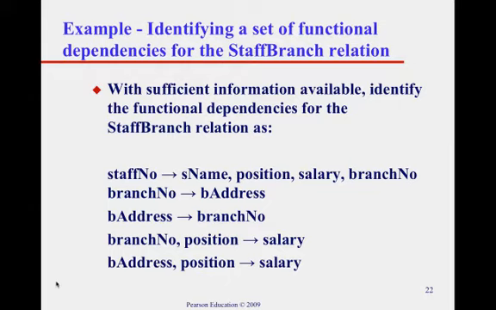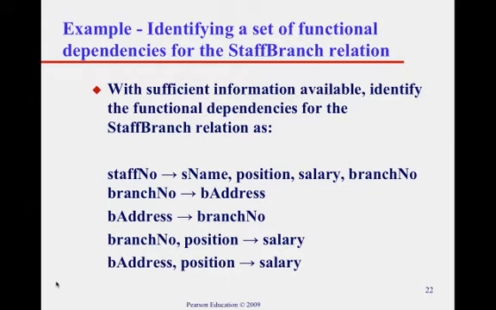Then the other ones you may not get just by looking at the data, and that's why you have to have interviews. So someone might tell you that the branch number and the position determine the salary. So we might pay someone in our Paris office more than someone in our office in Glasgow, Scotland.